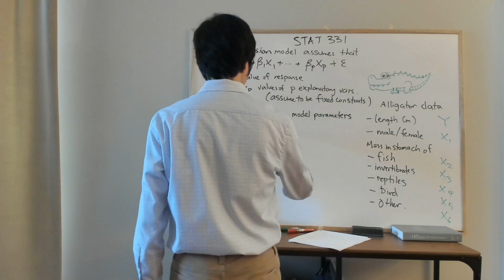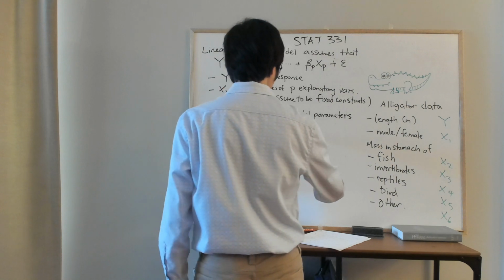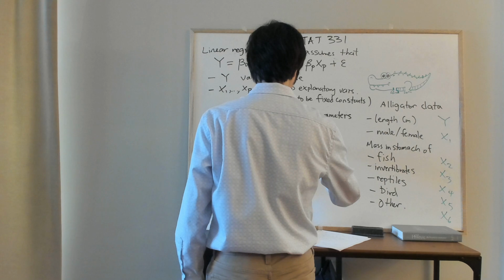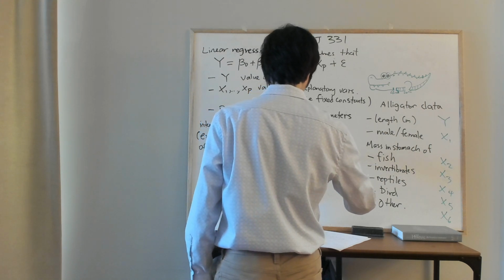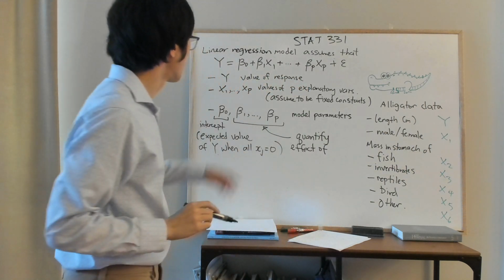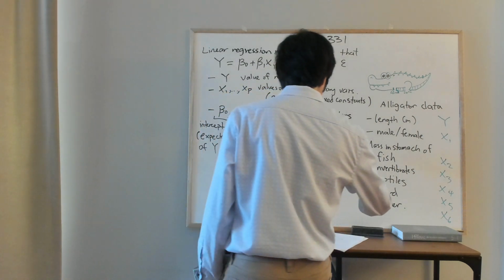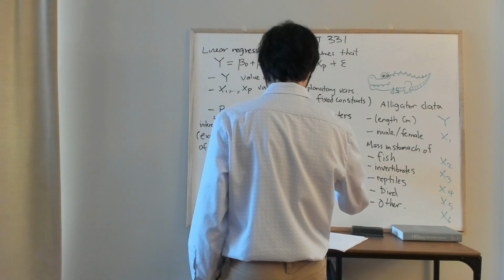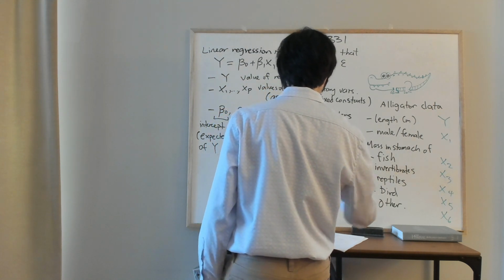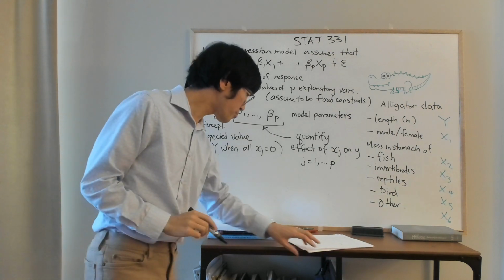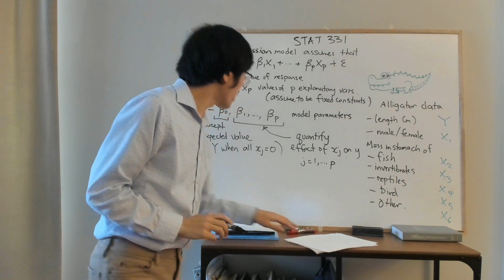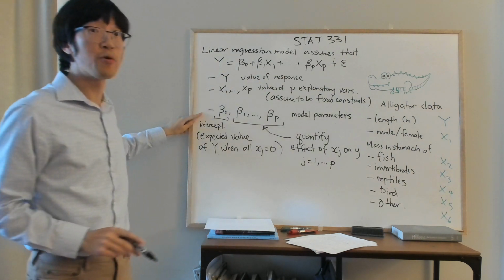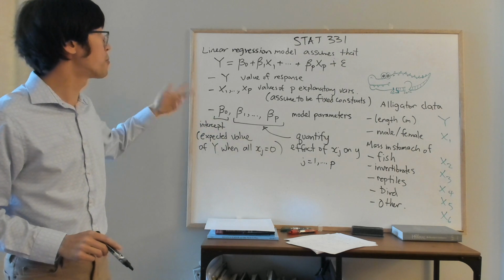These parameters quantify the effect of xj on y. I'm just using xj as shorthand, where j goes from 1 to the p predictors. So we have y, we have the x's, and we have the parameters for the model that we will fit, and we will learn how to fit.